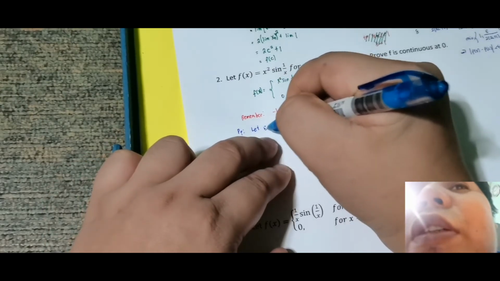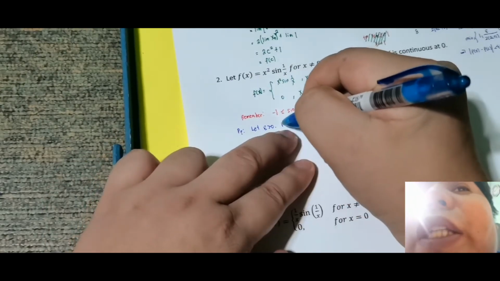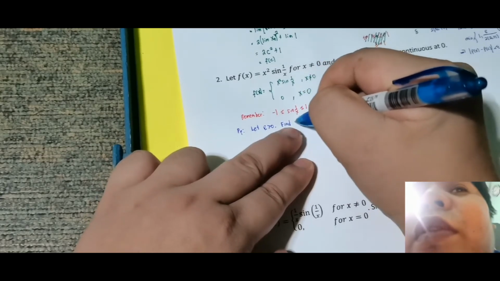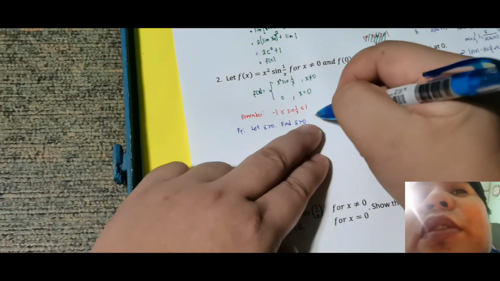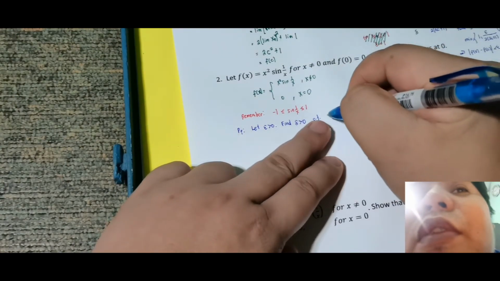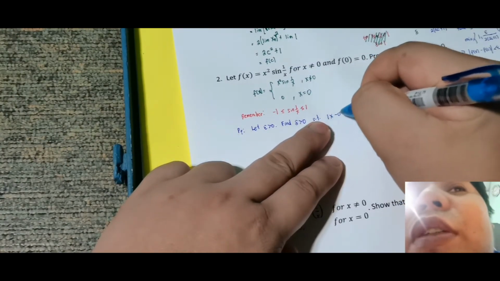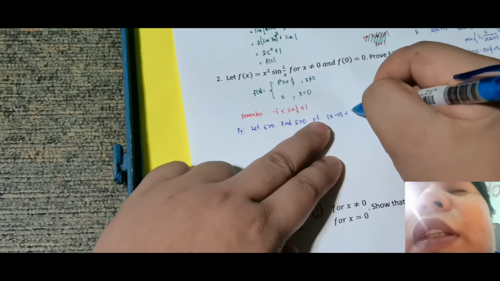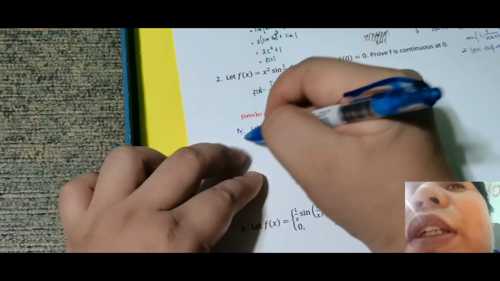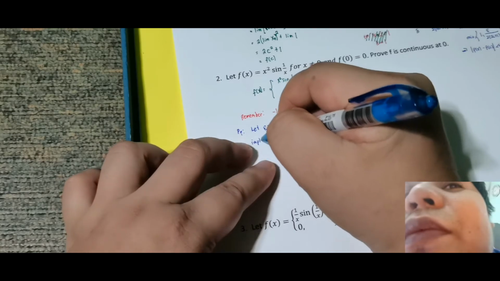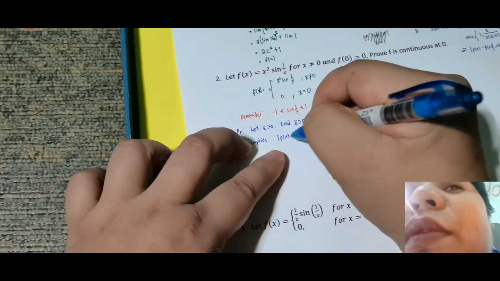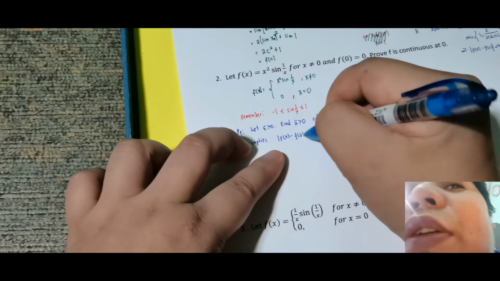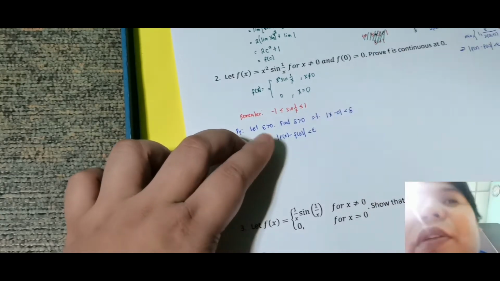Okay, so let epsilon greater than 0. So find delta greater than 0 such that absolute value of x minus 0 is less than delta implies absolute value of f of x minus f of 0 is less than epsilon.